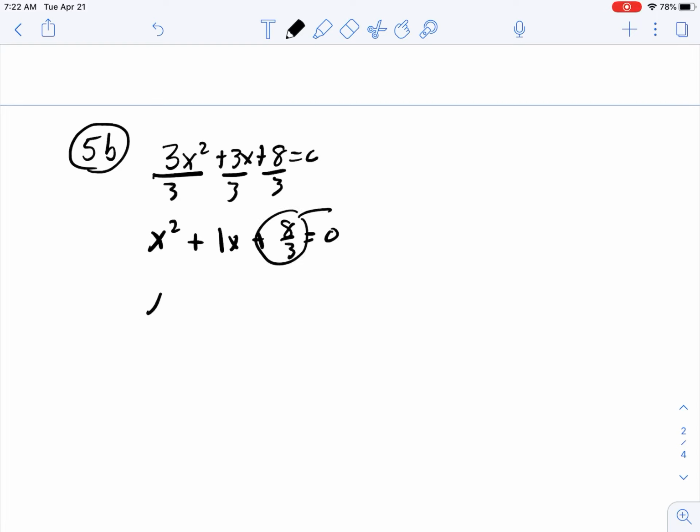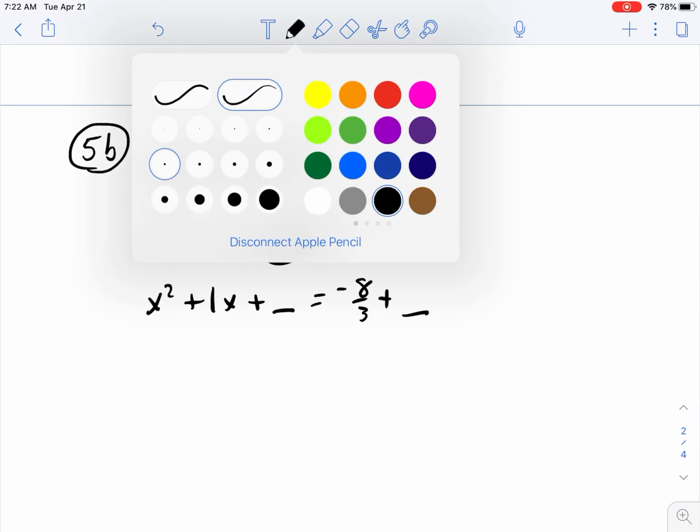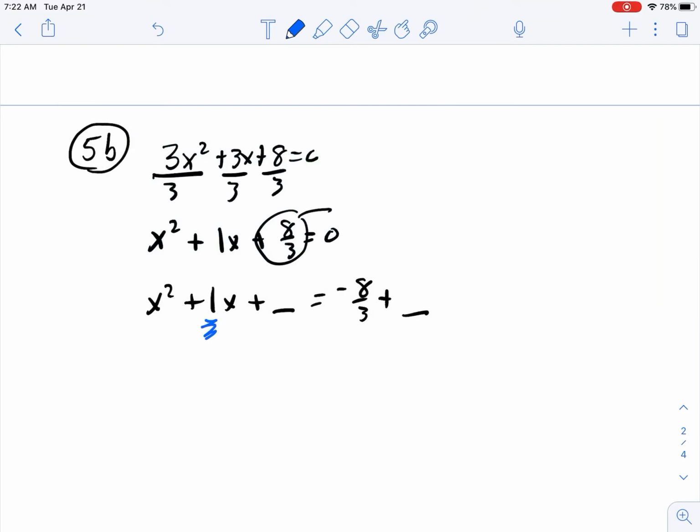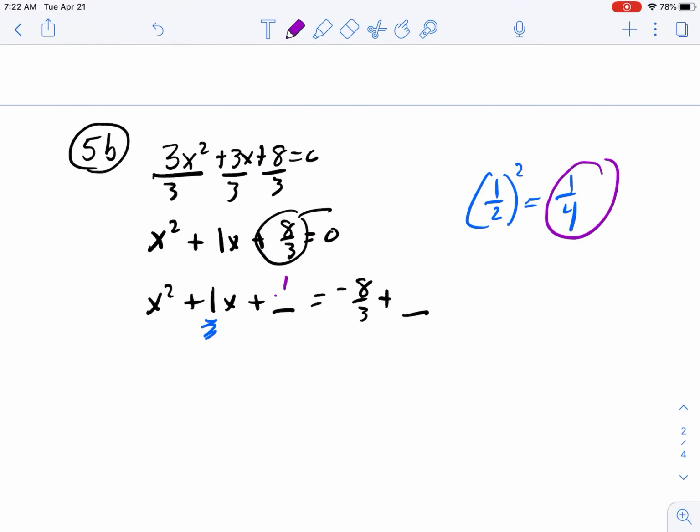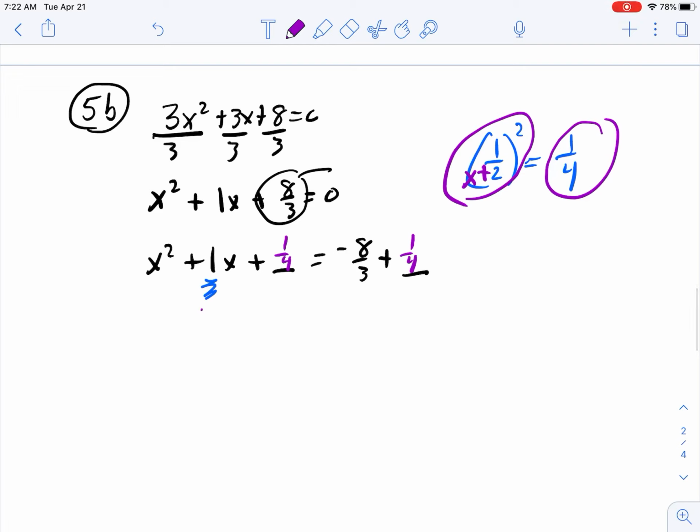Okay, let's move this over. So you have x squared plus 1x plus blank equals negative 8/3 plus blank. All right, so taking this here, take half, or divide by 2 squared, so that's 1/4. So that would mean that this is our first value, so add 1/4, add 1/4, and here would be our x plus squared here.